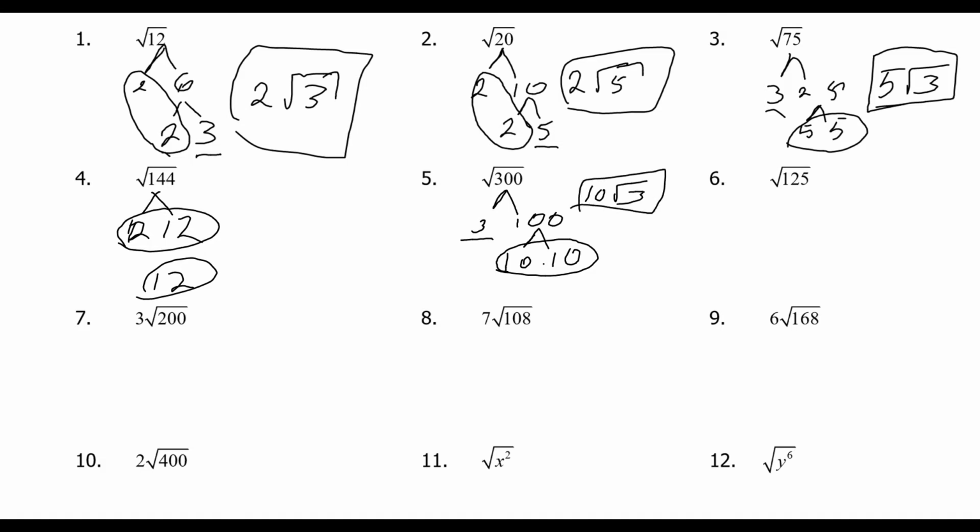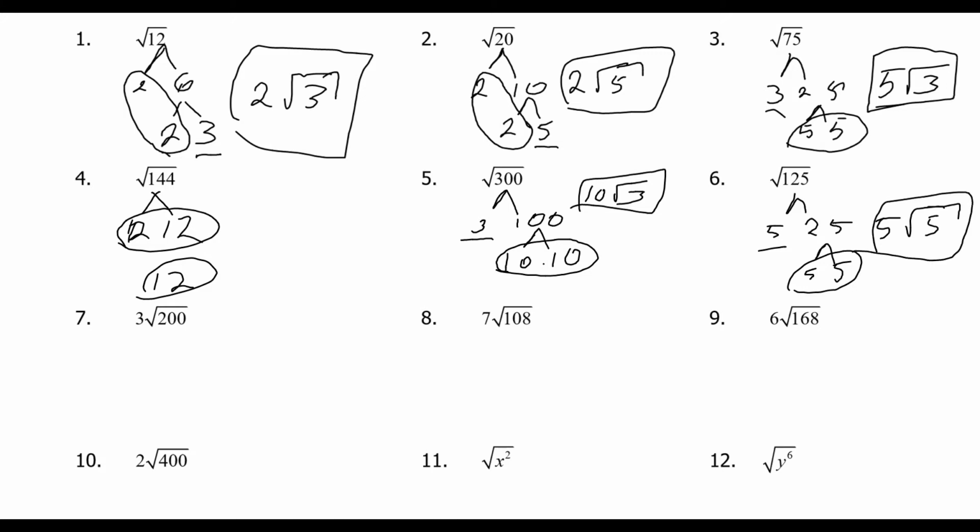And there we have it. Alright? 6. Very similar, okay? We're going to break apart the 125 into 5 and 25. 25 breaks apart into 5 and 5. There's a couple, there's a single. Couples go out, singles stay home.